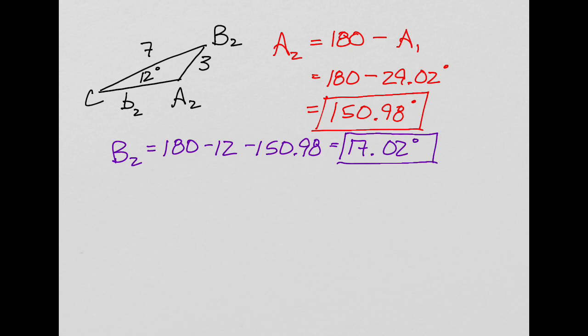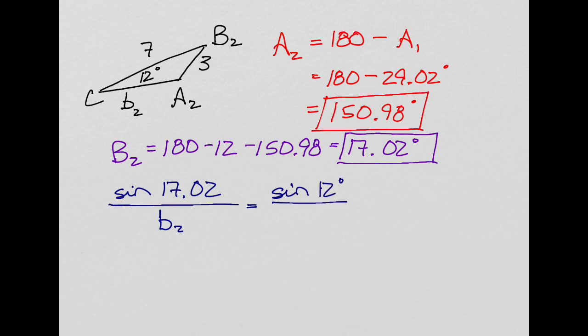The last thing left to do is find the remaining side, which we can do with the law of sines. So that's the sine of B2, which we just found, so I don't really have to call it B2. I can call it what it is, 17.02 over the side B2 equals, and we'll use the given information, sine of 12 degrees over 3.